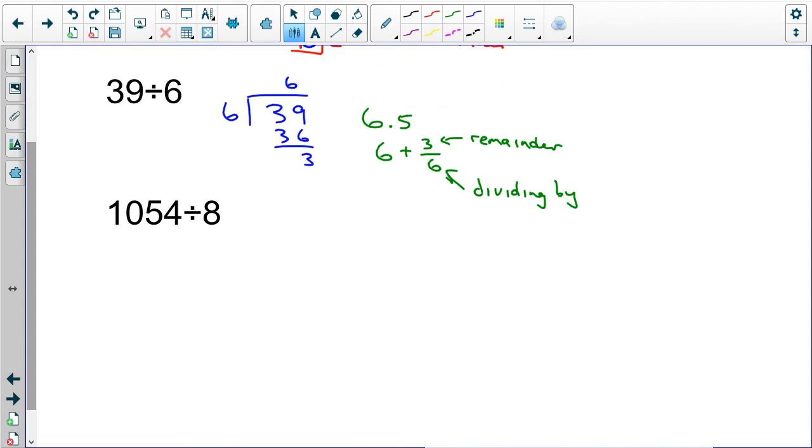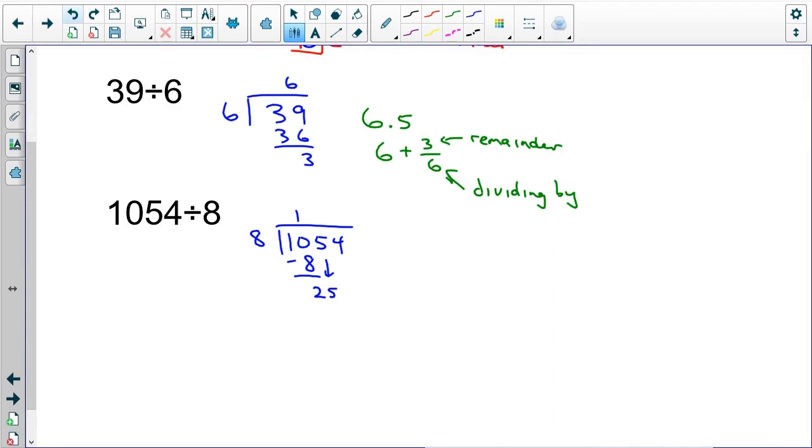Finally, 1054 divided by 8. In this case, I would look at 10 and see that 10 divided by 8 is 1 with a remainder. 1 times 8 is 8. Then I subtract, 10 minus 8 is 2, and I carry down the next term.